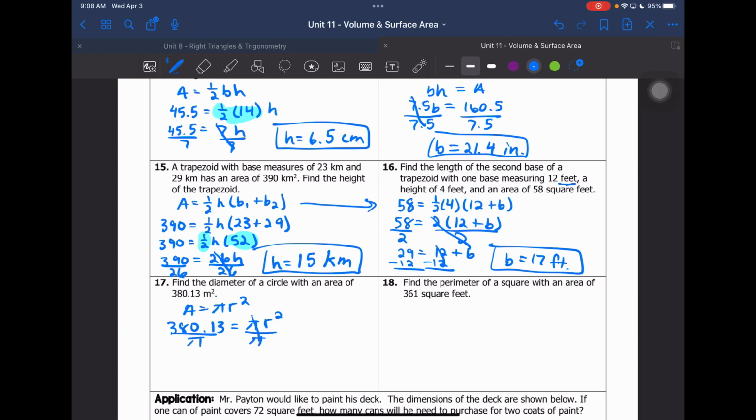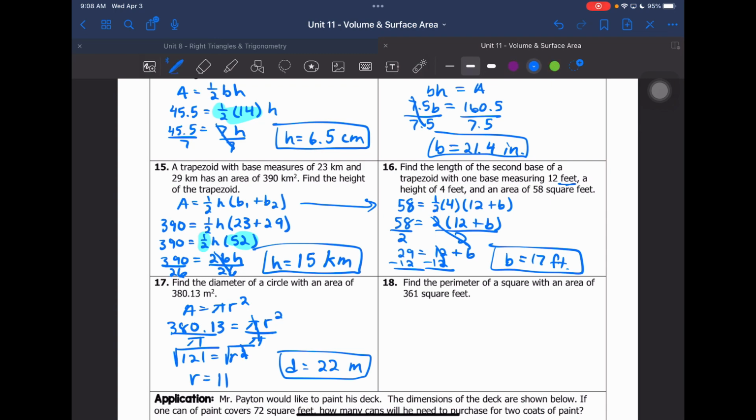And when we do that, we end up with 121, and that's equal to r squared. Then we can take the square root of that, and that'll give us our r. The square root of 121 is 11, and the diameter is just double the radius. So 11 times 2, that's 22, and we're talking in terms of meters, so the diameter is 22 meters.